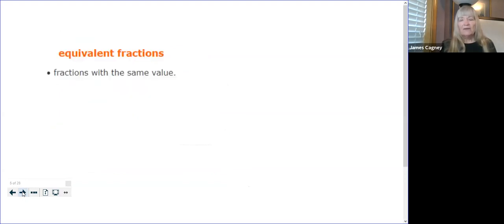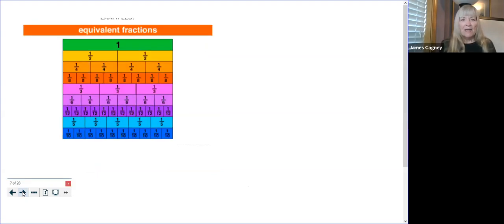So equivalent fractions, fractions that have the same value. When I look at these, what this is saying is if I have 1, equivalent to 1 is 1/2. Equivalent to 1/2 would be 2/4. Equivalent to 1/4 would be 2/8. And I probably said that wrong. Equivalent to 1 is 2/2.